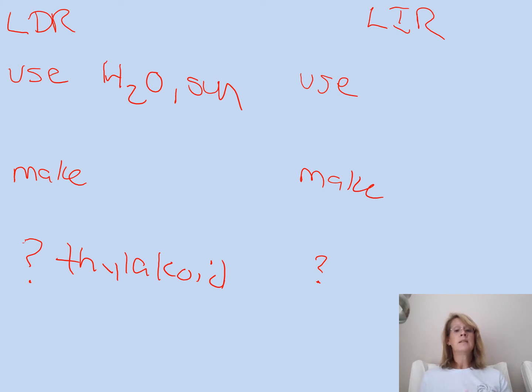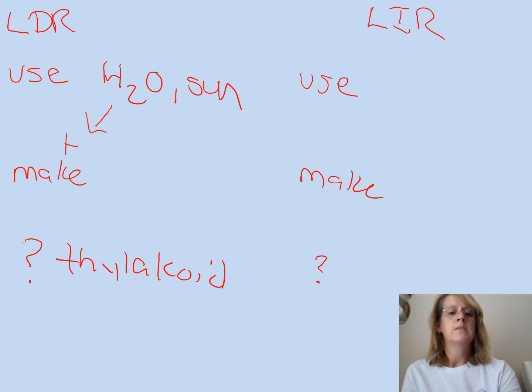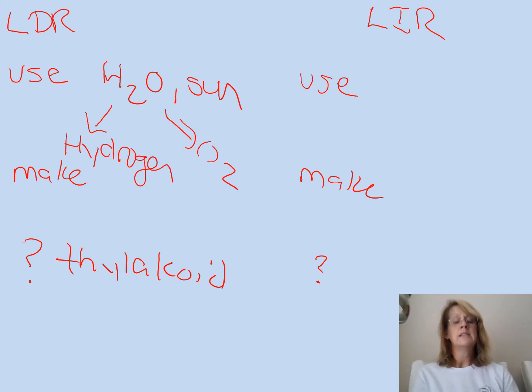Well, that's what plants are hoping to happen. Plants are going to use that sunlight to heat that water up enough that it comes apart. And when it comes apart, it's going to make hydrogen, and it's going to make oxygen. Oxygen is O2.